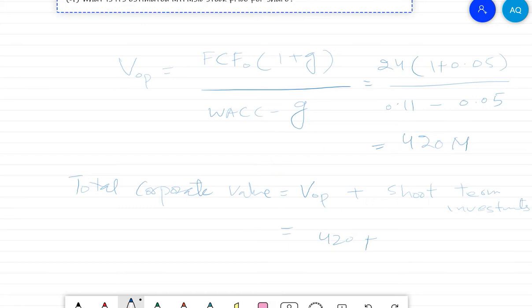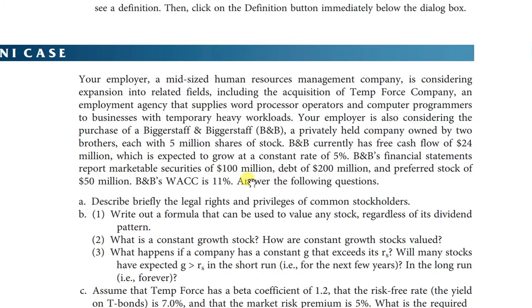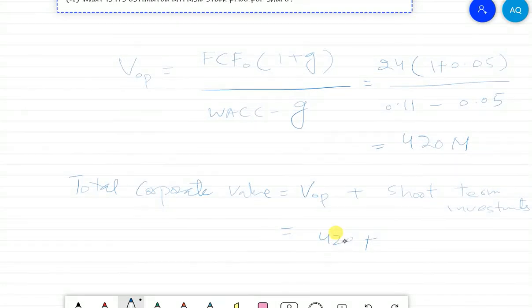Let's get back to the data, and we can see marketable securities are 100 million. These are the only short-term investments we have. So total corporate value will be 520 million. That is our second part.